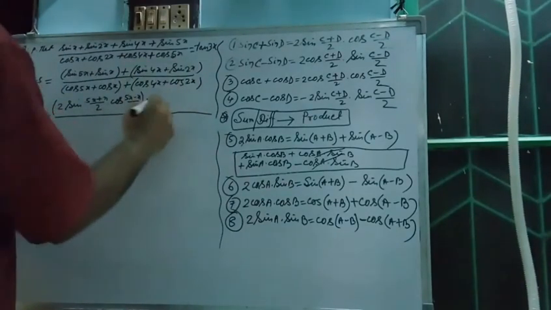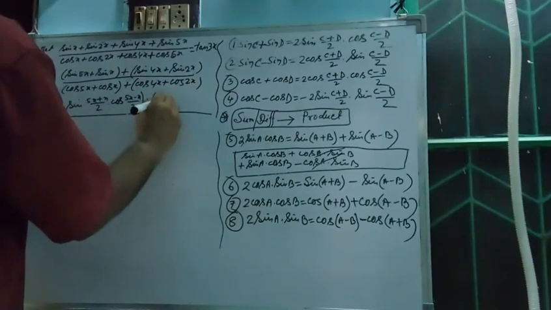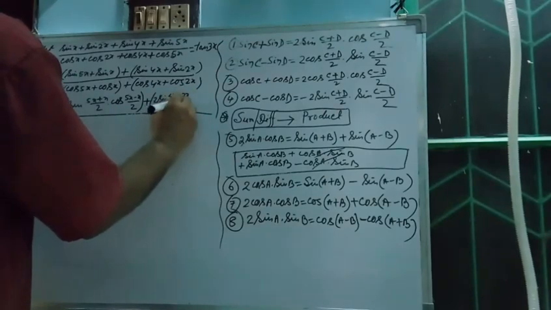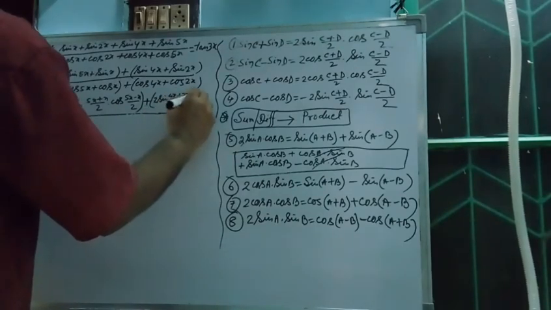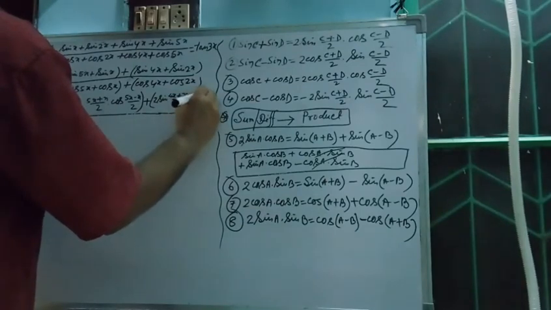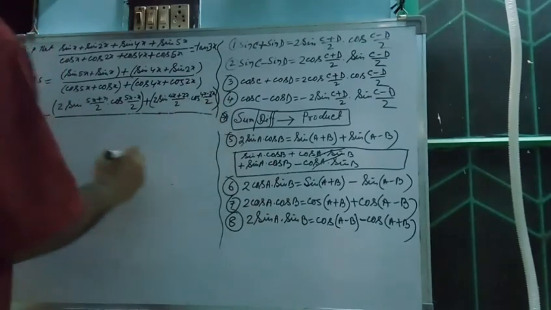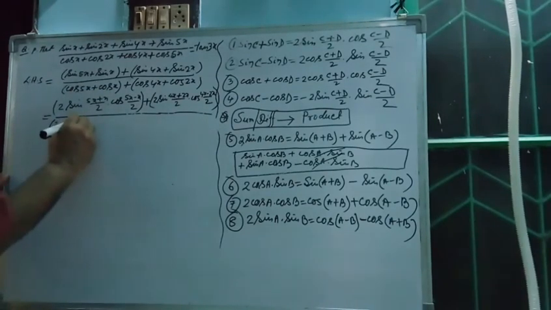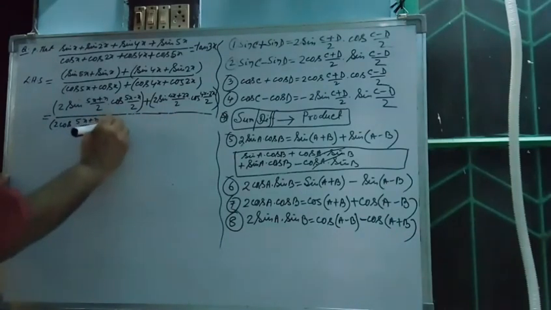Now sin c plus sin d, again the same formula, 2 sin (4x plus 2x)/2 into cos (4x minus 2x)/2. Okay, cos c plus cos d is 2 cos (5x plus x)/2 into cos (c minus d)/2, (5x minus x)/2.